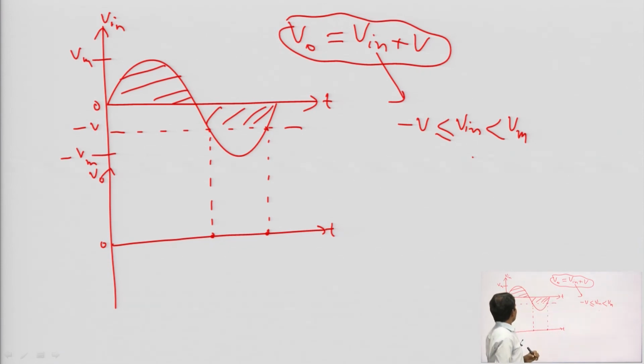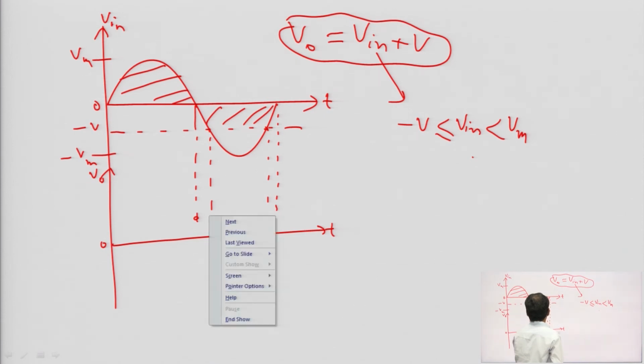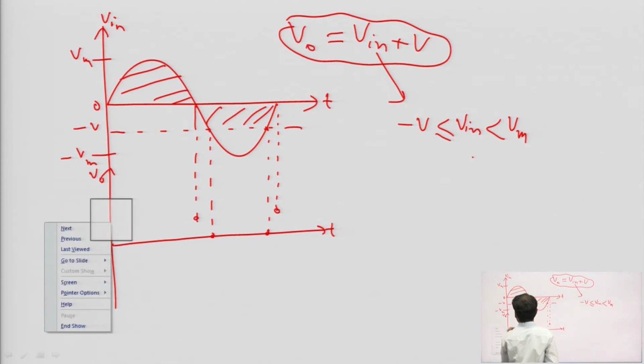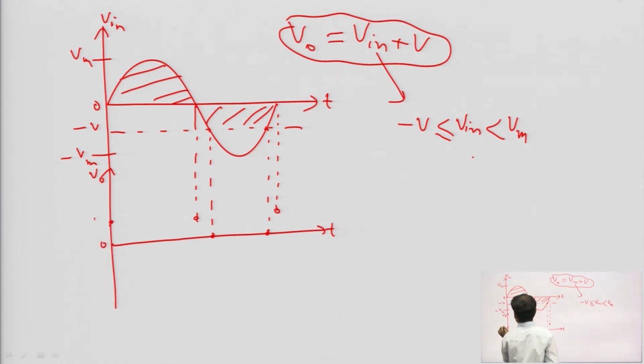When V input is 0, the output voltage is plus V, and here also plus V. And when V input is Vm, the output voltage is Vm plus V. This value is Vm plus V, and now this is the output waveform.